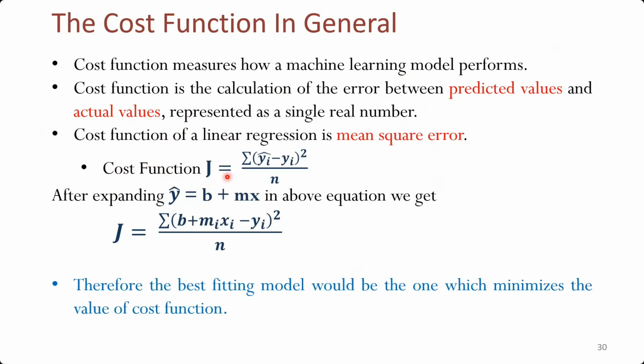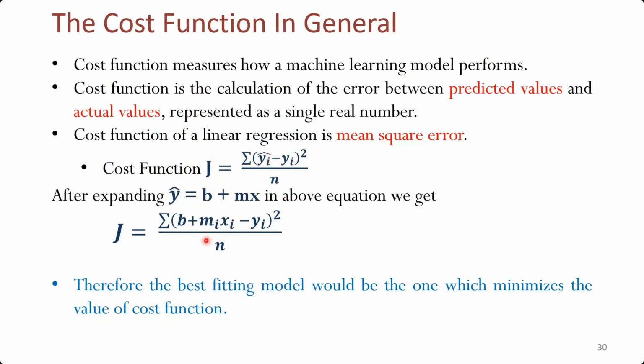In general, this cost function J for linear regression is usually given as the difference between the actual and predicted, squared, and we take the average of the squares. When we put y hat, the predicted value, equal to b + mx in the above equation, we get something like this.